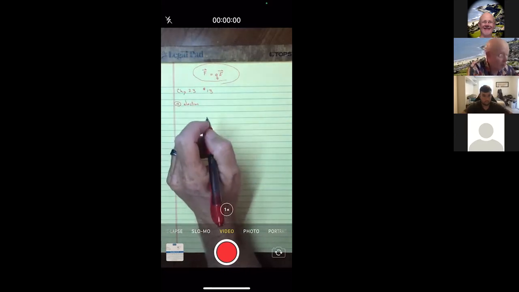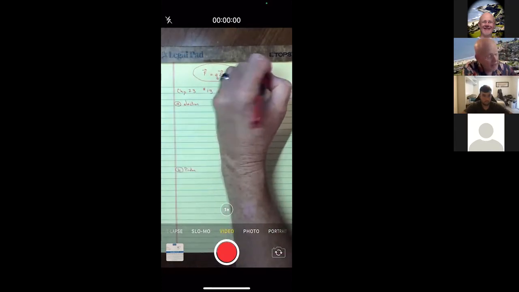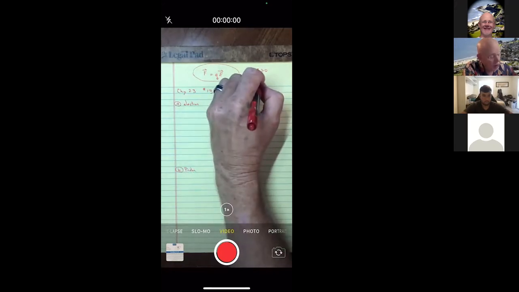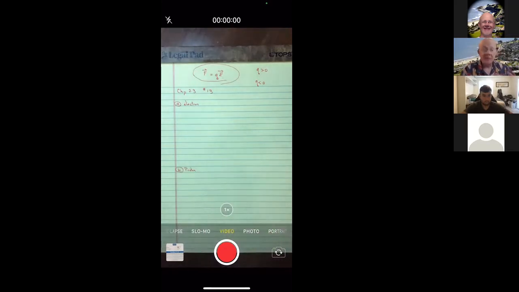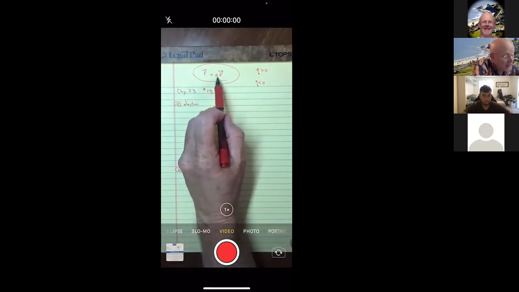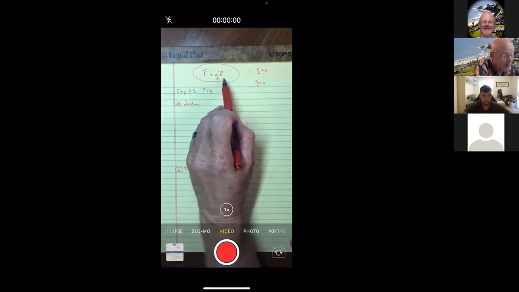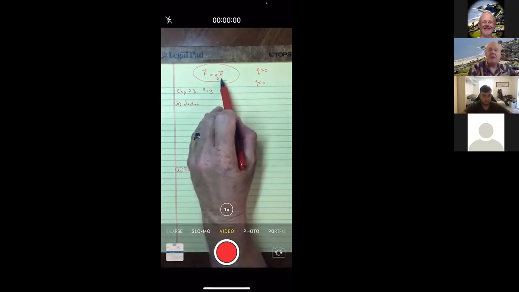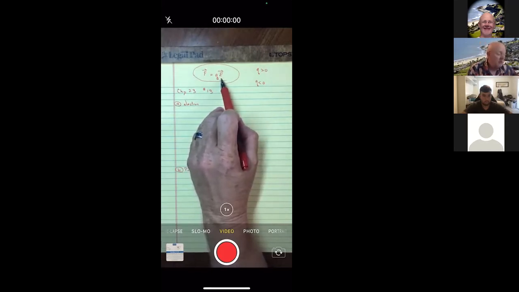Now, here's why that's important, because Q can be positive or Q can be negative. Watch what happens when it's positive. You would be taking a positive charge and multiplying it by the field. Let me just say the field is 1 for a second. If I take a positive number like 5 and multiply it by 1, I get 5.